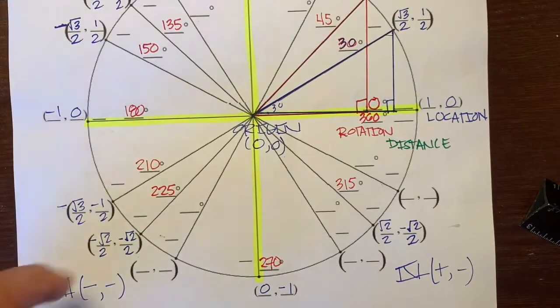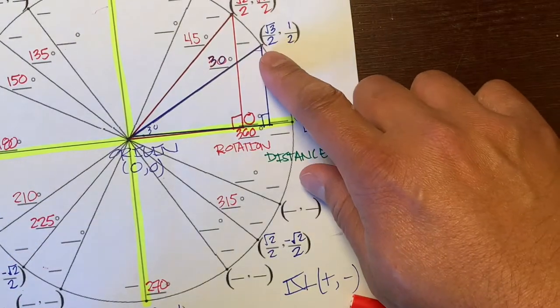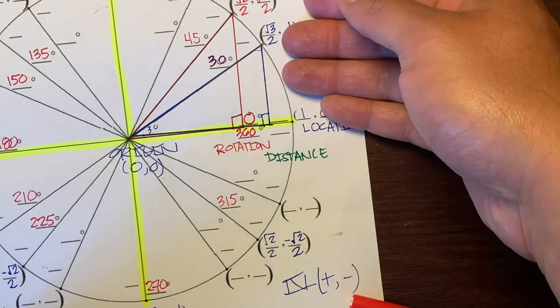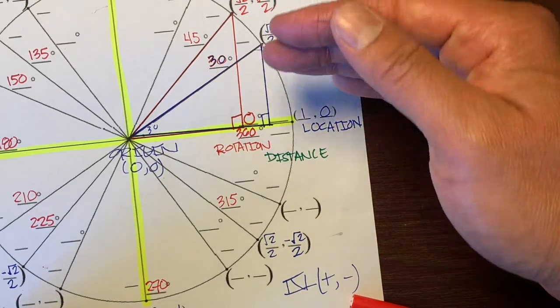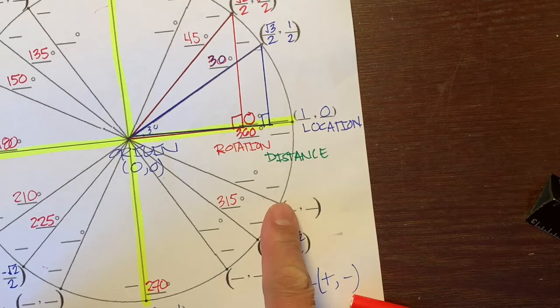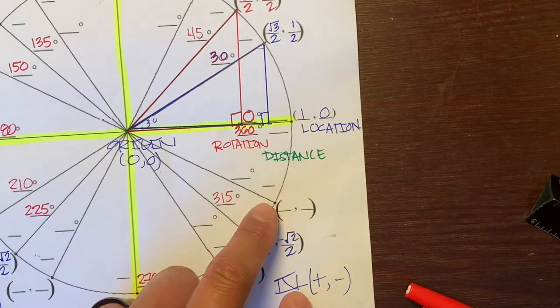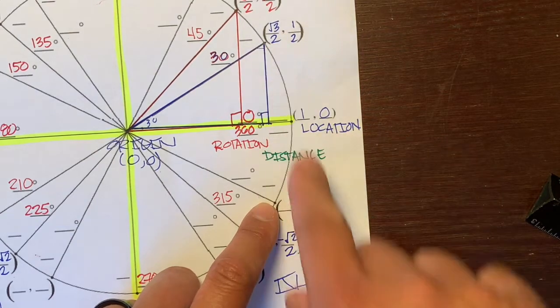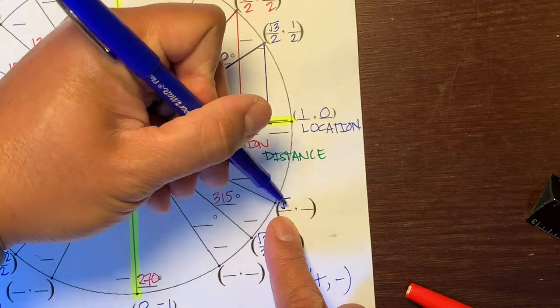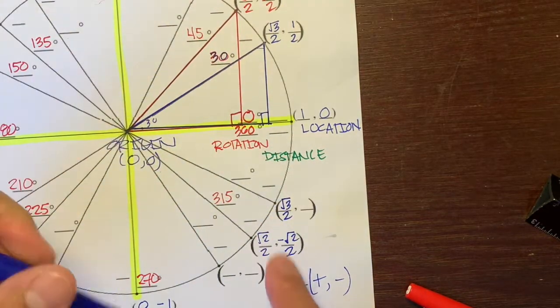Okay, and let's go back to this original coordinate right here, this original location. And if we reflected this over the x-axis, it would end up at this point right here. And let's look at our notes for the fourth quadrant. So all the x values are positive, so this still stays the same. So it's still radical 3 over 2.